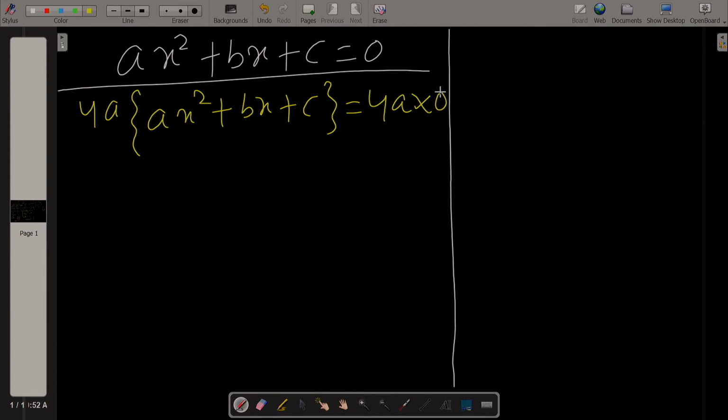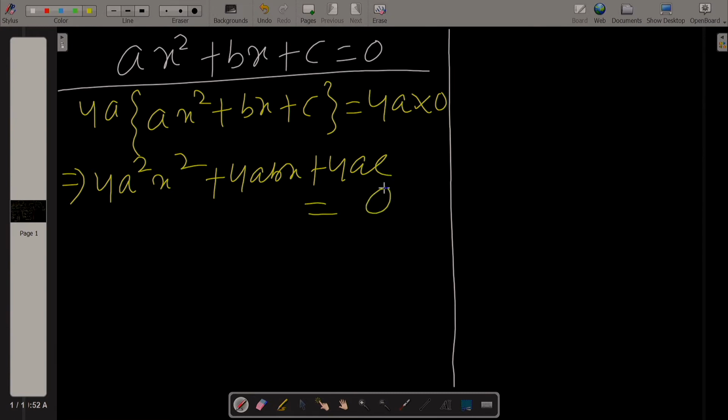I simply multiply 4a on both sides. What you find is 4a square x square plus 4abx plus 4ac equal to 0. Am I correct? I just multiplied the equation by 4a.